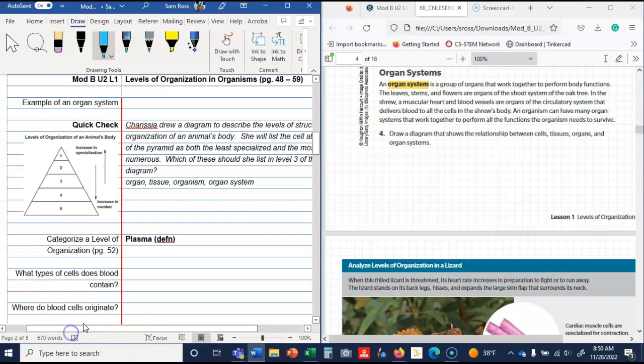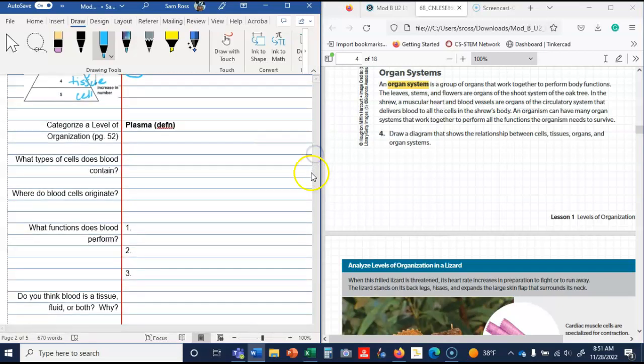So if we look at the diagram, the cell would be here, they want to know what's here. So maybe it would be cell, tissue, organ. So that's the answer there.